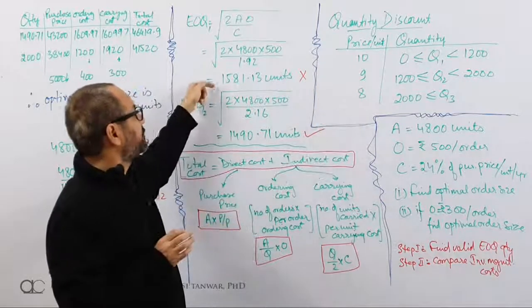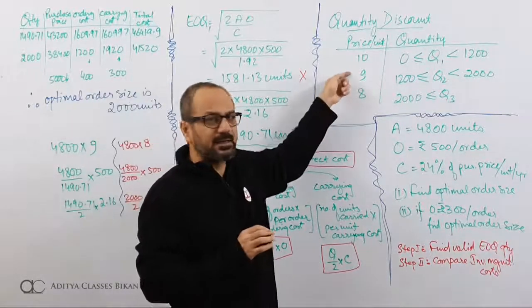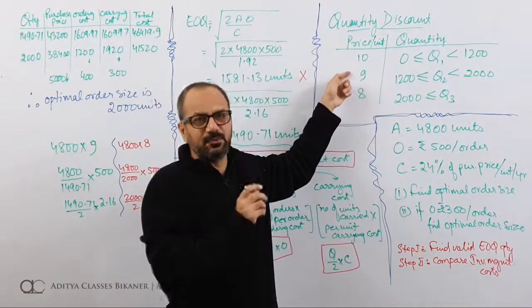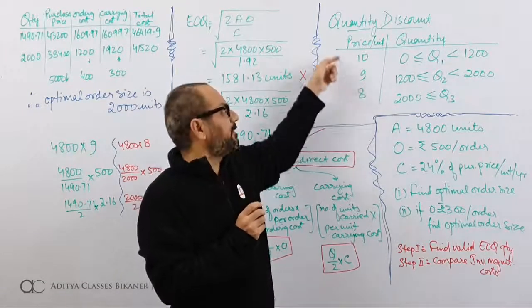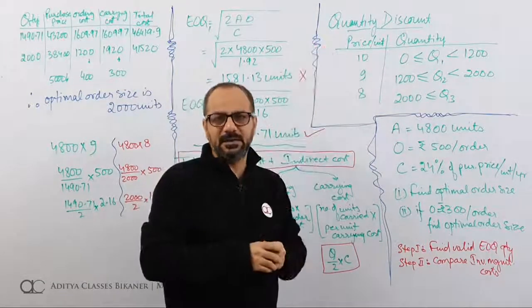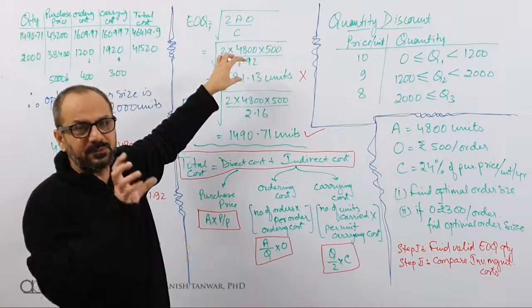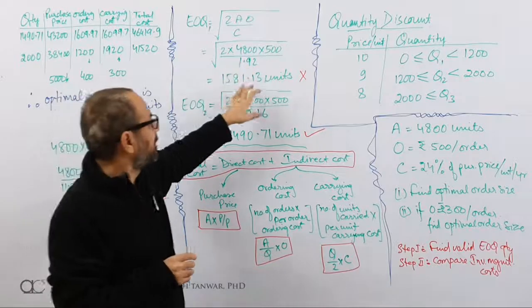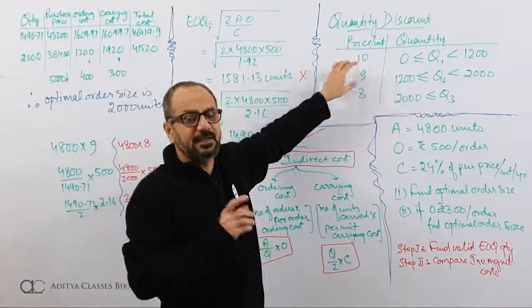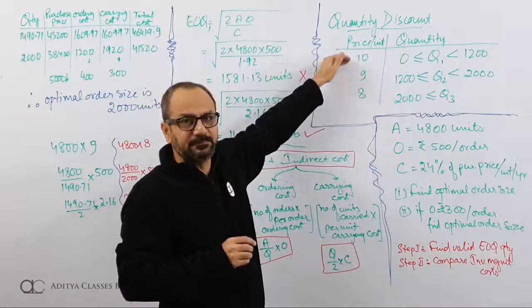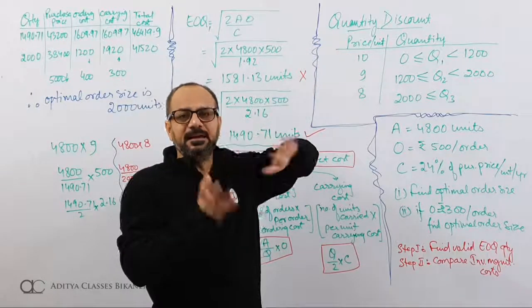But our quantity of 1581 was falling in the 9 rupees slab. So I went for 9 rupees. If it were falling in the 10 rupees slab, I would have gone for 10. So this gives you a starting point, which price you should explore first. If this falls in 9, I'll check for 9. If this falls in 10, I'll check for 10, and I'll get a valid EOQ.